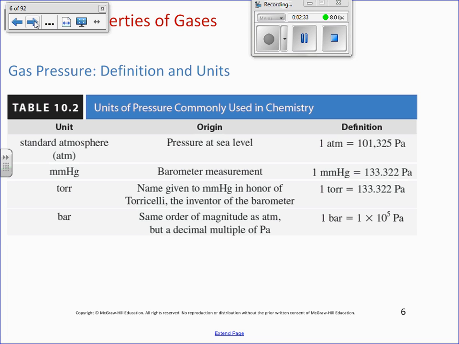We can also look at it as a millimeter of mercury. That's a barometer measurement, so when you watch the weather on TV, they usually refer to so many millimeters. We're talking about millimeters of mercury. Torr, they renamed the millimeter of mercury to torr, after Torricelli, the inventor of the barometer. And bar, which is the same order of magnitude as an atmosphere, but a decimal multiple of pascals.